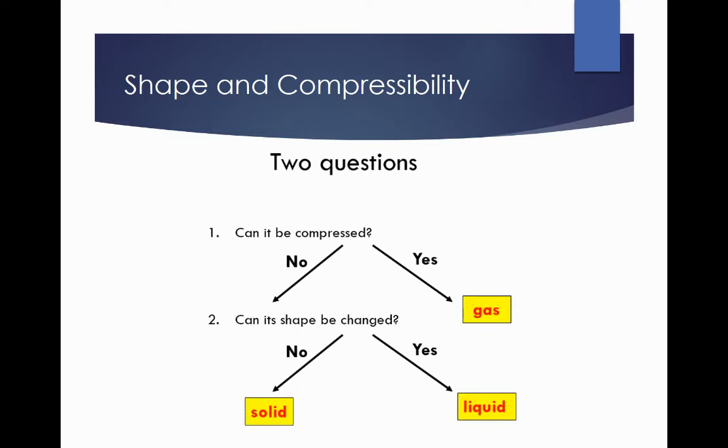Now, these two questions are namely, number one, can it be compressed? And number two, can the shape be changed? These two questions will help you to identify whether something is a gas, a liquid, or a solid. And I hope that this flowchart will help you to sort of categorize and organize your thoughts a little bit here.